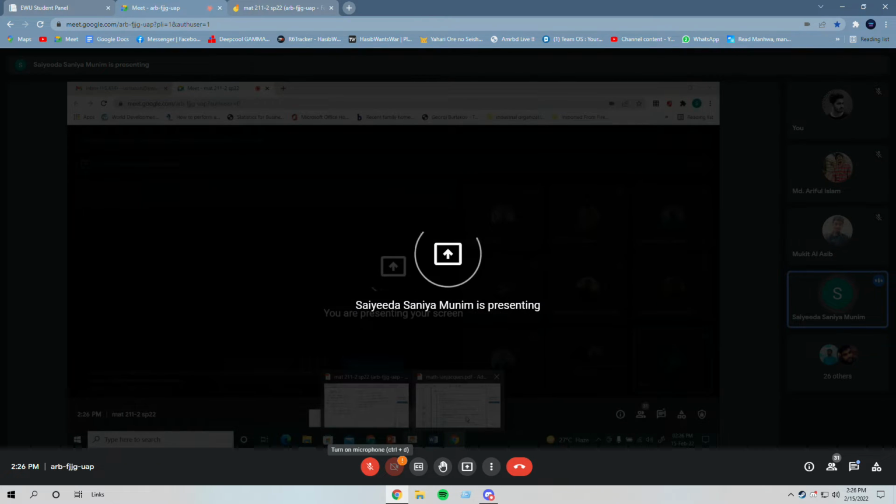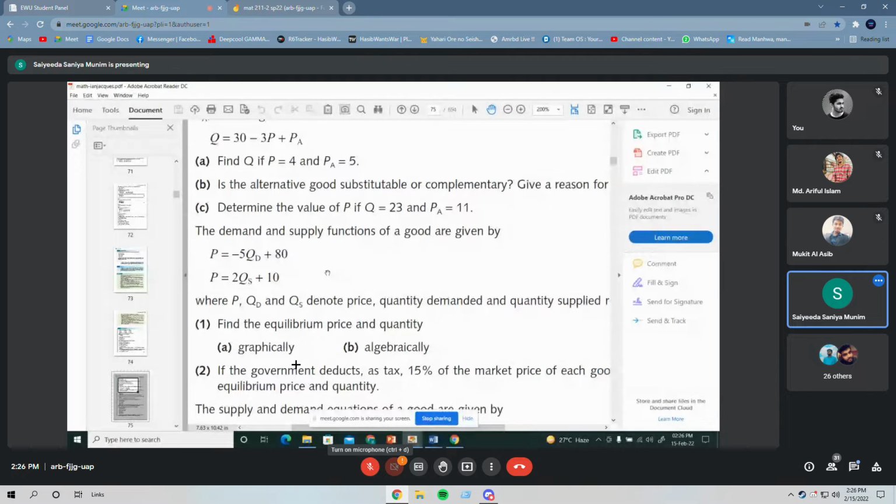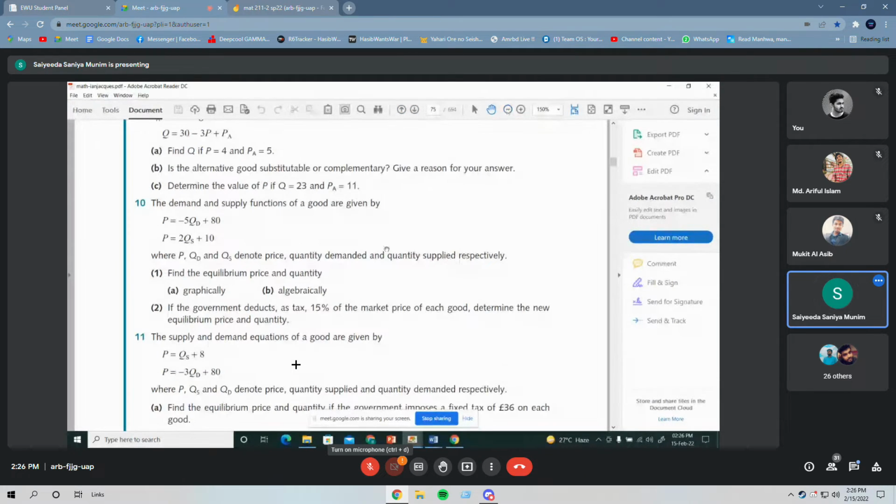Okay, so this is from the other book that I have shared with you. Let me just reduce it a little bit, 200%. Look at question number 10. You have demand, you have supply.